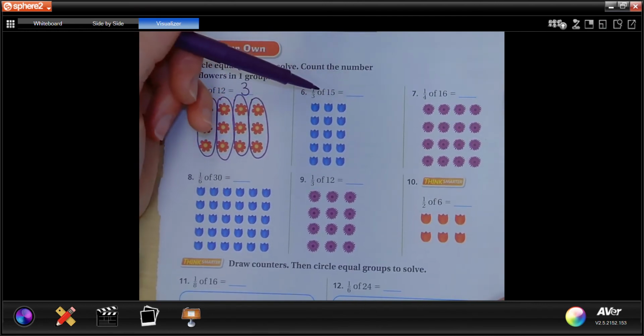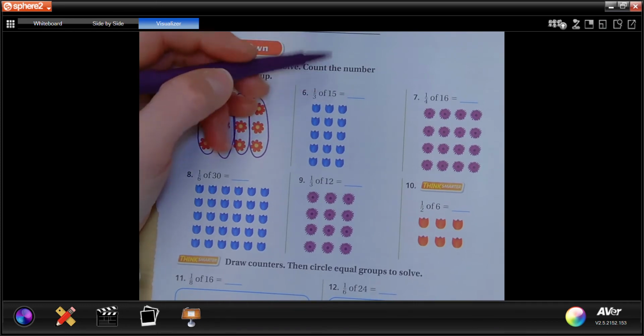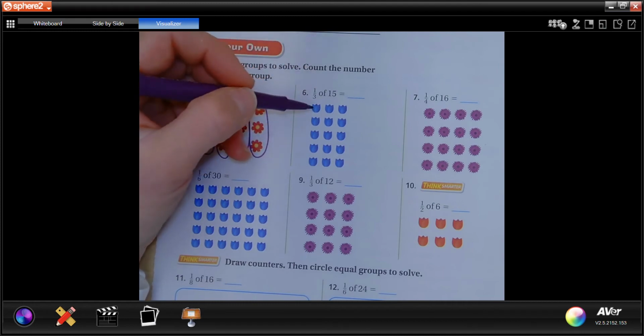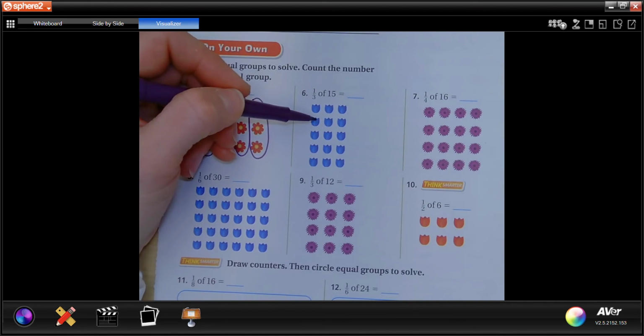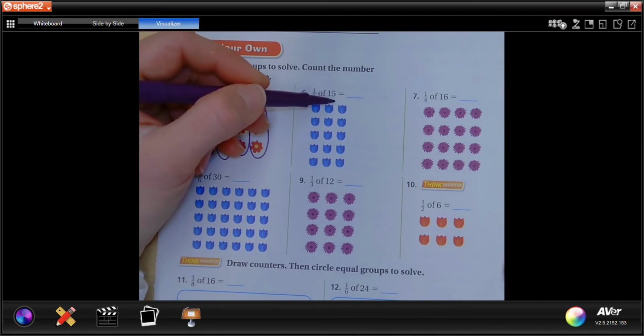Now we'll move on to number 6. If we want to know what 1/3 of 15 is. We have 15 tulips, 15 blue tulips. So we want to know what 1/3 of 15 tulips is.